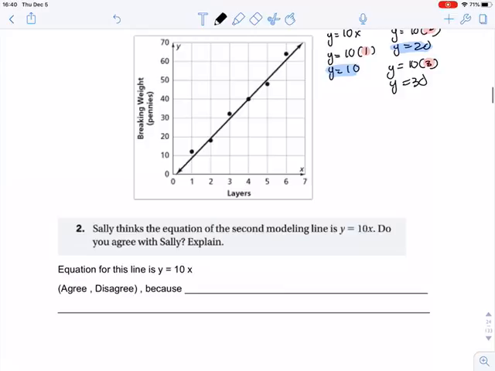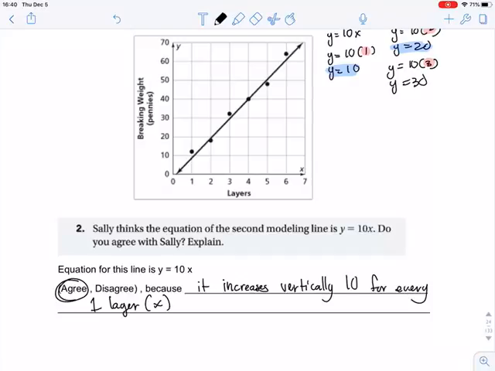Sally thinks that the equation of the second modeling line is y equals 10x, and do you agree? The equation for this y, yes, I agree, because it increases vertically 10 for every one layer.